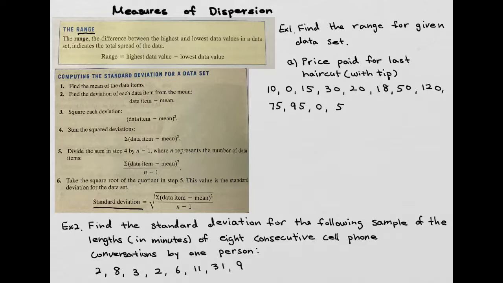So range equals highest minus lowest. Your range is the highest, 120, minus the lowest, 0, so the range in this given data set is 120.